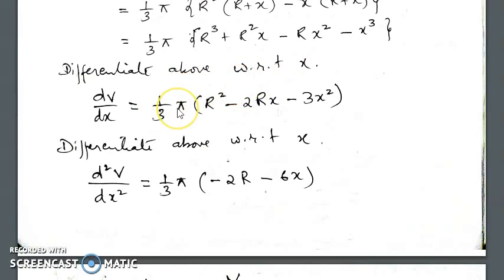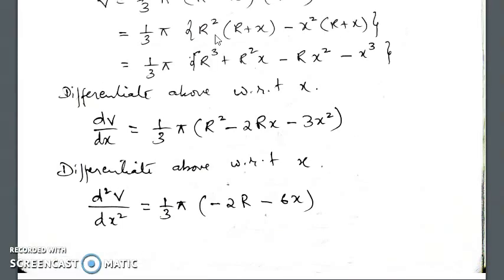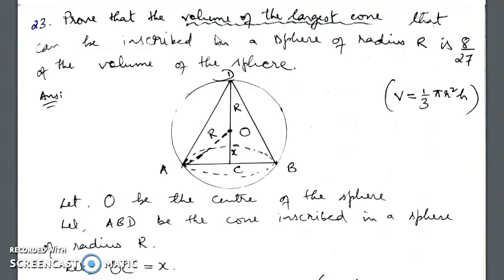So we'll have 1 by 3 pi, and then R cube is constant. So when you differentiate R cube, you'll get 0. Why is it constant? Look at the equation. In a sphere of radius R, the radius is given.